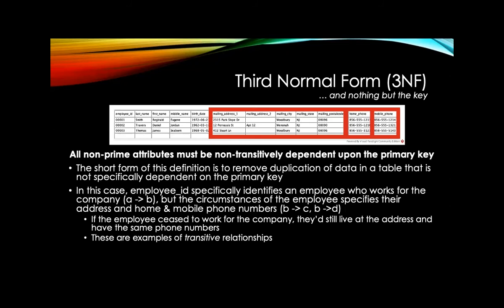So I can't include something here that is functionally dependent on an employee ID and a street address and a city and a state to tell me what particular postal code I'm working on, when in fact this postal code in and of itself at any given point in time is only dependent upon the mailing address, the city, and the state.